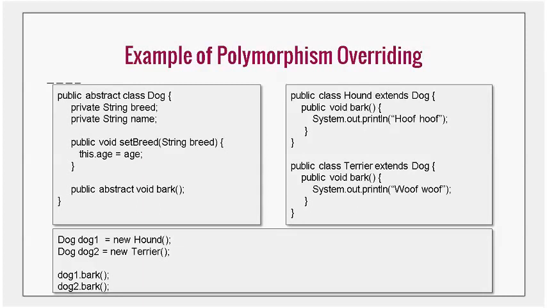Now if I say dog 1 dot bark, if you see here, the dog class has no bark method implementation, but dynamically it will know that dog 1 dot bark means go to this method because it is bound to hound, and dog 2 dot bark, since dog 2 is terrier, it will call the bark method of terrier. So this is a kind of overriding behavior, and it's polymorphism in the sense that at runtime it knows which method on which class should be called.